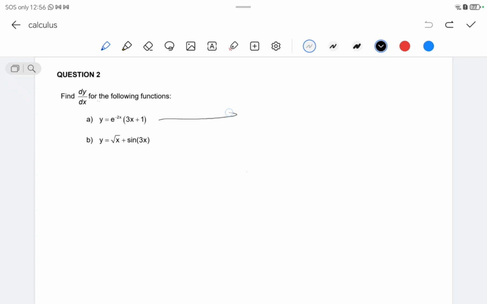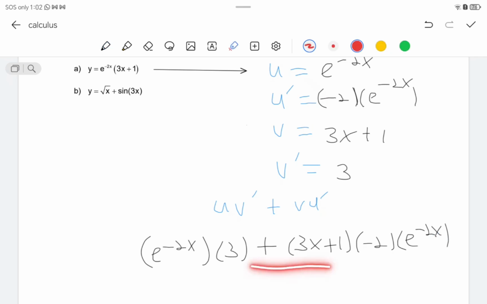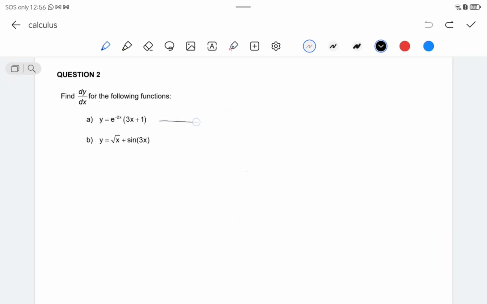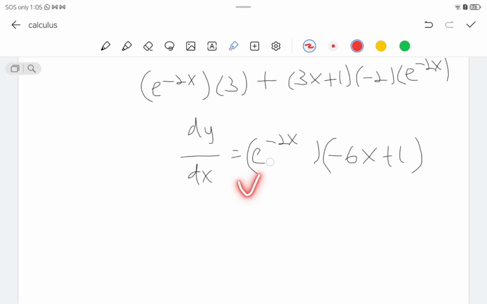Now let's make the full equation of dy/dx, which is using u times v prime plus v times u prime. So it is e to the power of negative 2x times 3 plus 3x plus 1 times negative 2e to the power of negative 2x. We simplify it, so now dy/dx is equal to e to the power of negative 2x multiplied by negative 6x plus 1.